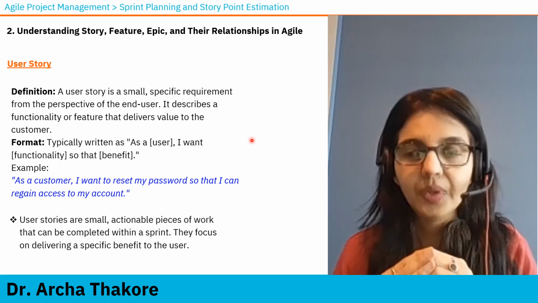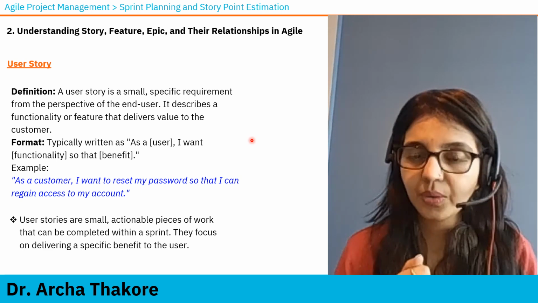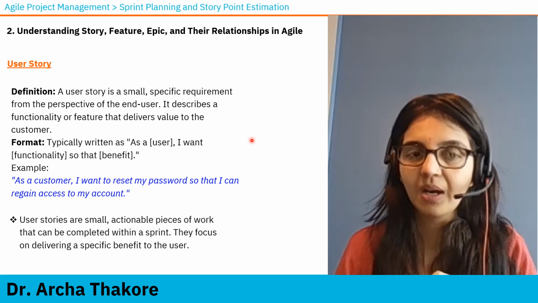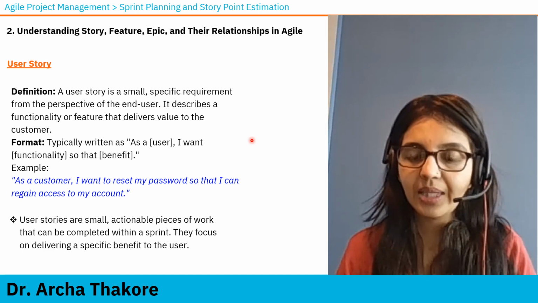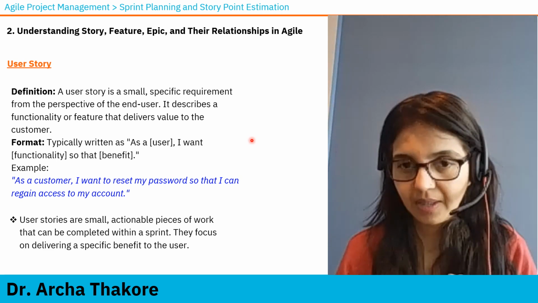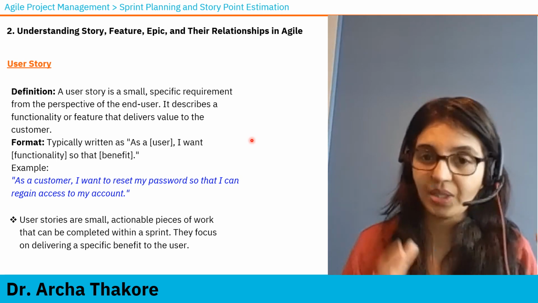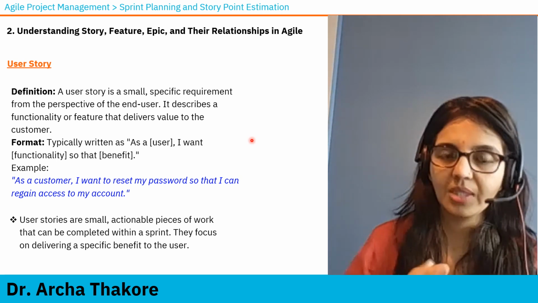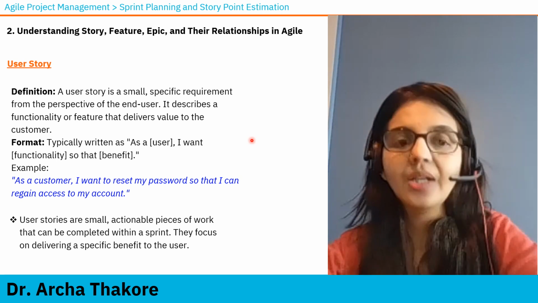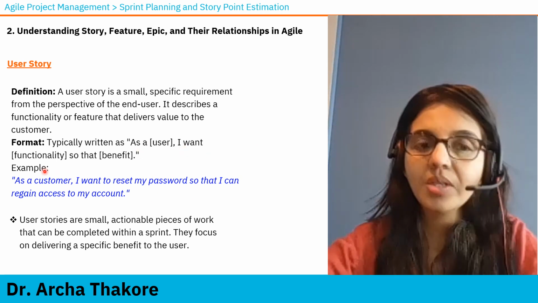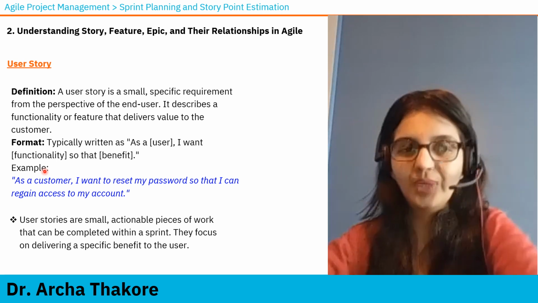Now, if you have already gone through the predictive project management PMBOK guide material, then you know that there is a list of requirements that is created. Same thing, the requirements get translated into, in Agile, user stories.